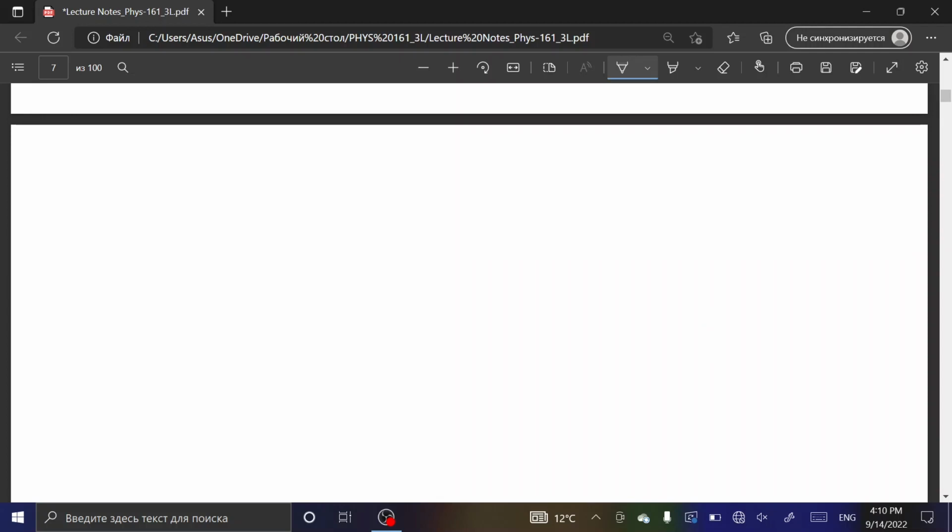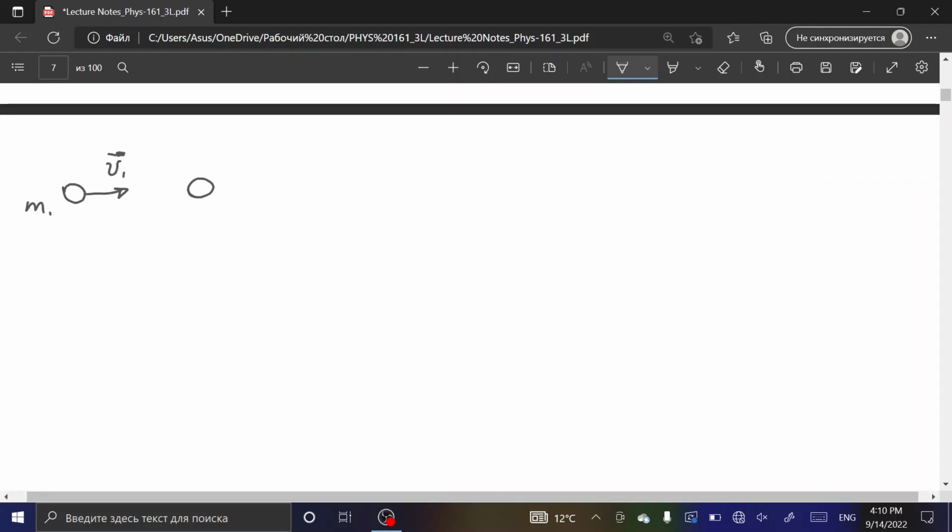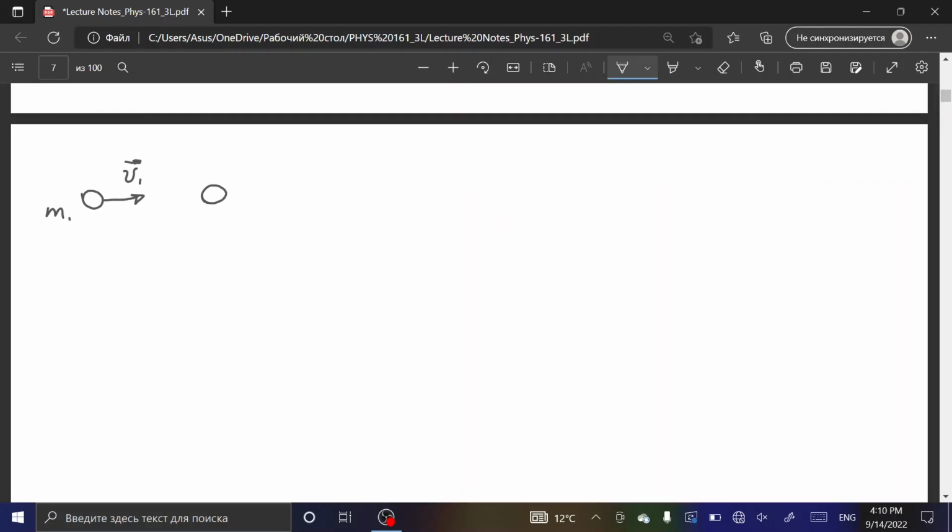So let us move to an example when we deal with the two-dimensional case. Let us consider some object with mass m1, which moves with velocity v1, and it collides with some stationary object with a mass m2, which doesn't move.